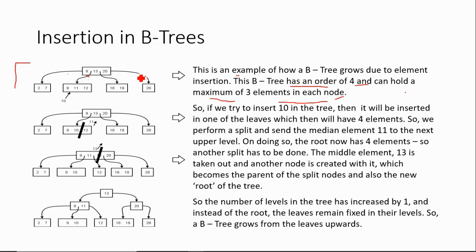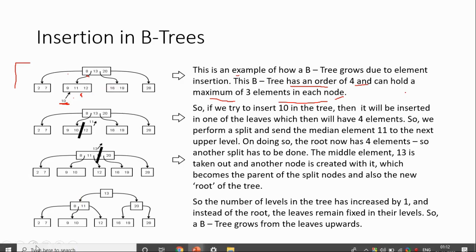Then in this tree we are trying to add the element 10. After adding 10, this leaf will have 9, 10, 11, 12. The number of elements is 4, but we can store a maximum of 3 elements in any node.